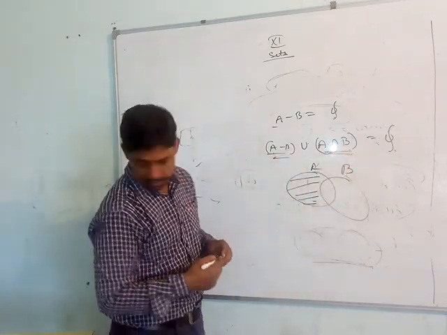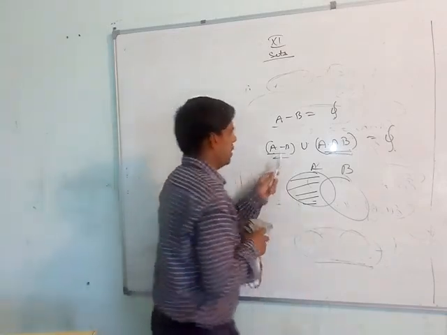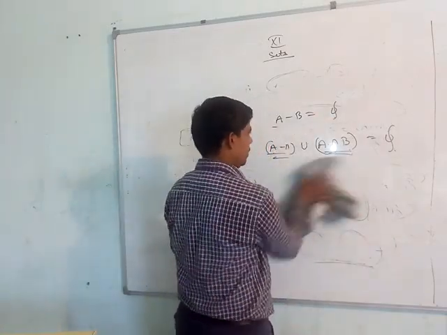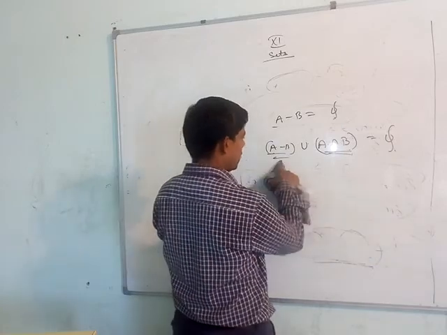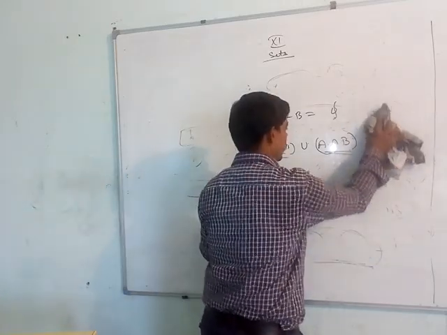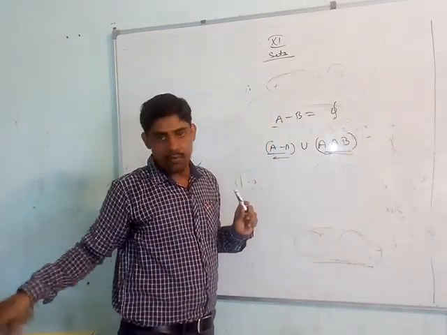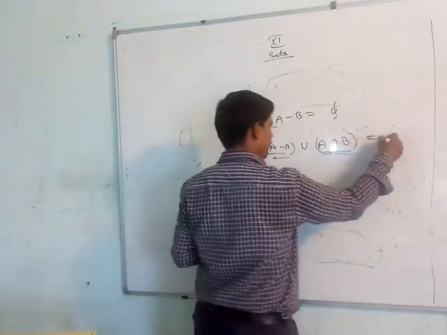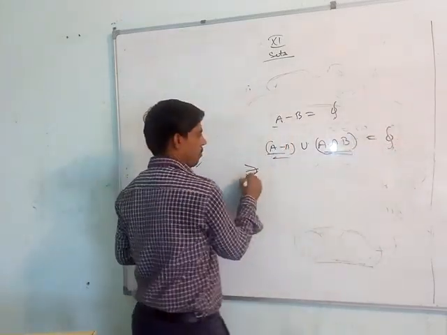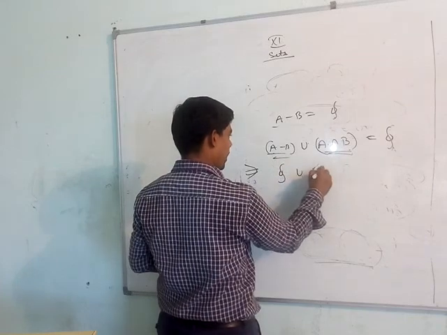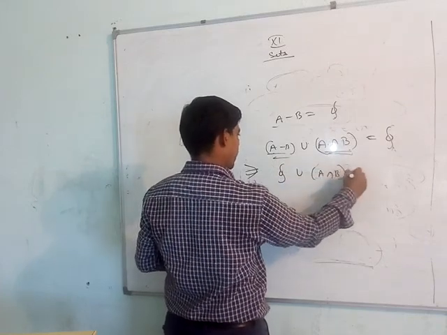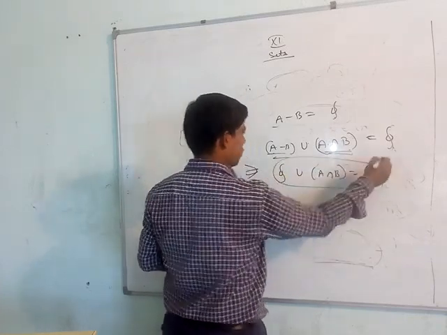Now see, A minus B is given to be the empty set. Look at this very carefully, because they are already disjoint sets. We know that A intersection B and A minus B will not have anything in common, so this is the empty set. Now, empty set union (A intersection B) is the empty set?